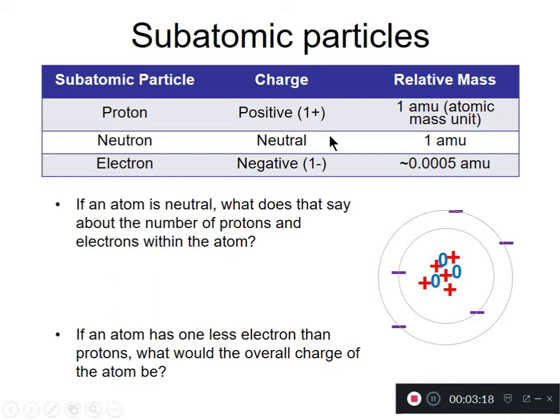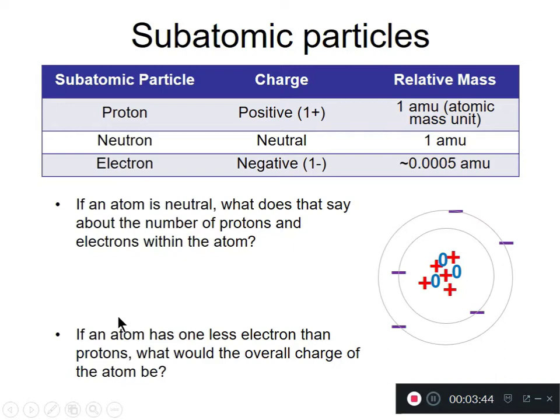It also has a mass of 1 AMU. And both the protons and the neutrons, remember, are found in the nucleus, in the dense core. The electrons are negatively charged and have almost no mass. Note that 0.0005 is so much smaller than 1 that effectively we can say electrons are 0. Of course, they do actually have some mass. It's just so tiny it's not really relevant.